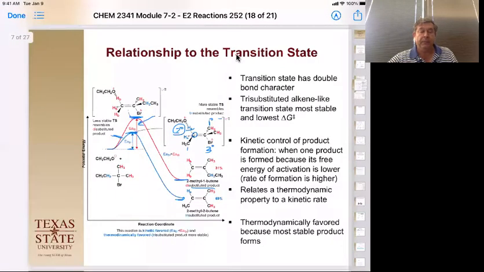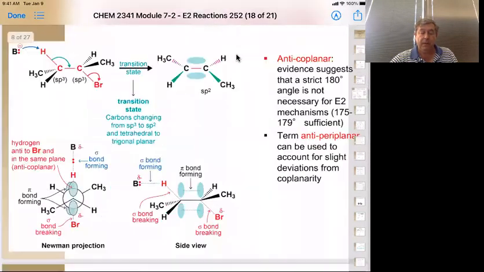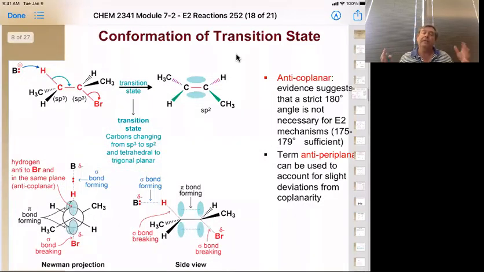All right, let's think about what's happening to those electrons in those states. Let's convince ourselves that pulling off that secondary hydrogen is better than pulling off that primary hydrogen.